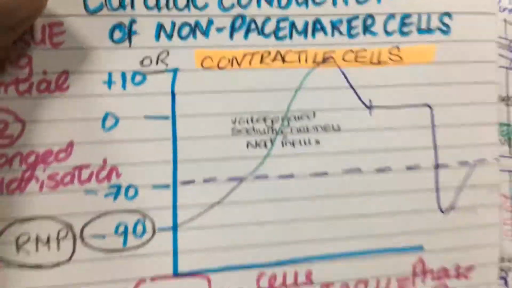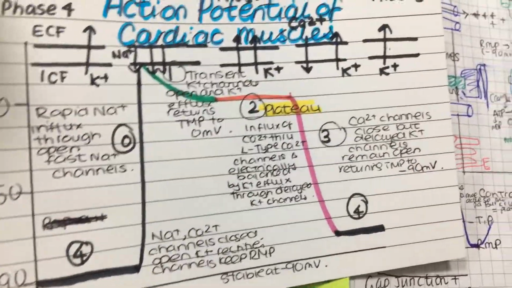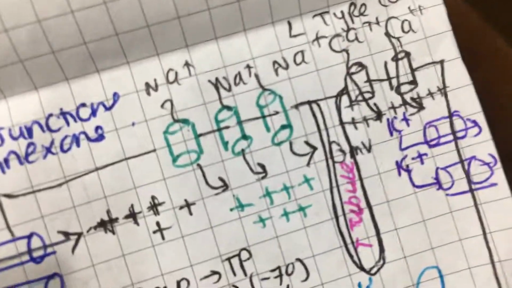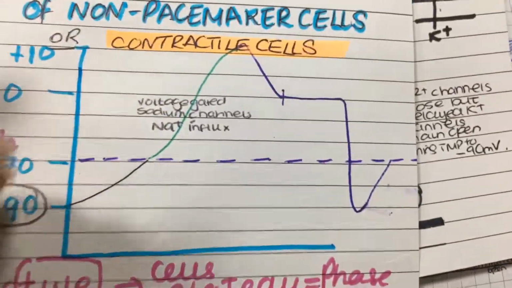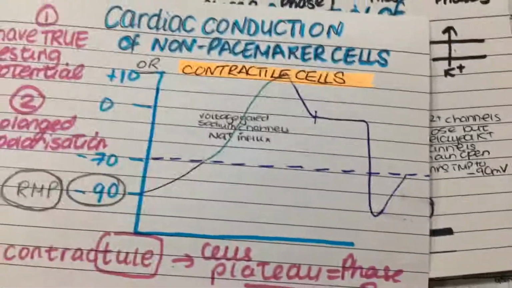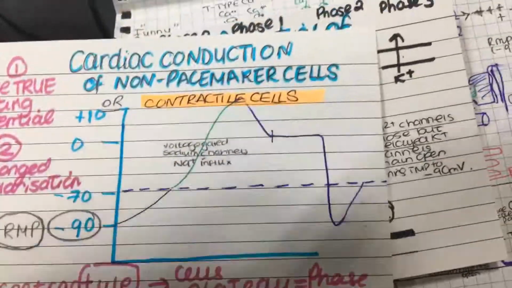Okay? Now, there are different phases, but let's talk about this really simply. Firstly, you have the sodium channels open. That sodium channel opening causes Na plus influx, and this causes depolarization. Remember, I said depolarization is making something positive, going from negative to positive.